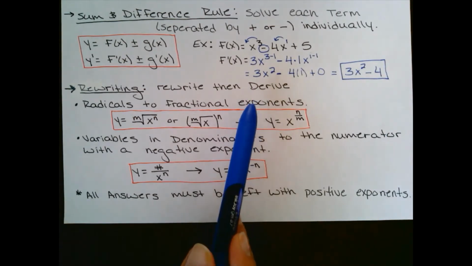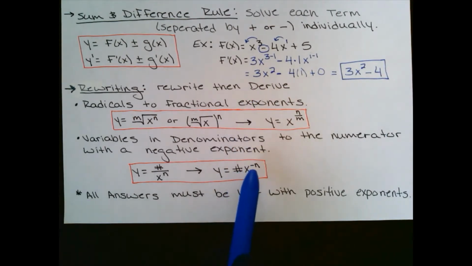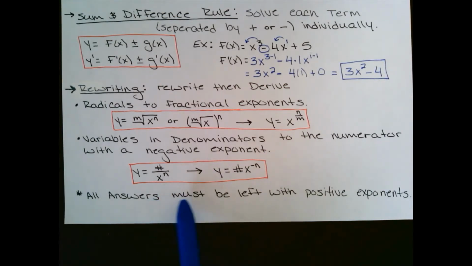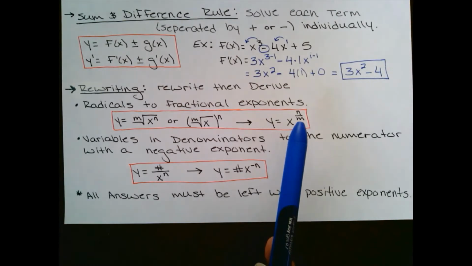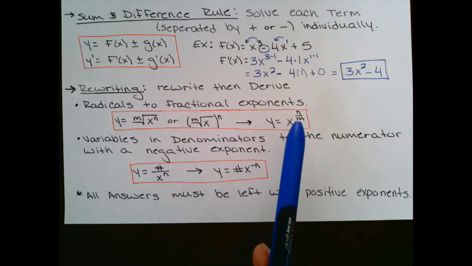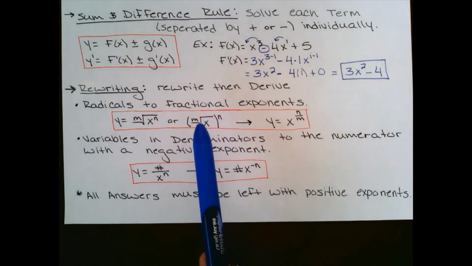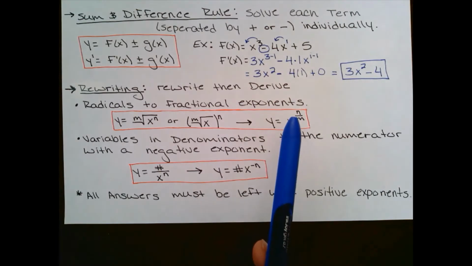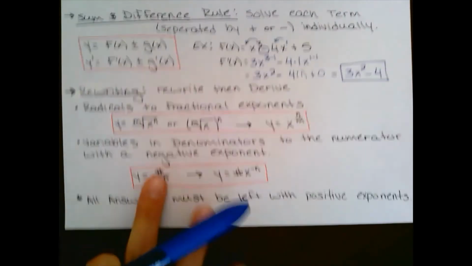If after you do your derivative, you still have some sort of a negative exponent left, you do have to change that back to a positive exponent by bringing it back down to the denominator. Okay? Don't worry so much about the fractional exponents. Like on an AP Cal test, you are allowed to leave it as a fractional exponent or a radical. The only ones that you'll see that they always change back is if it's raised to the 1/2, which is just a square root. But let's check out what those examples look like.